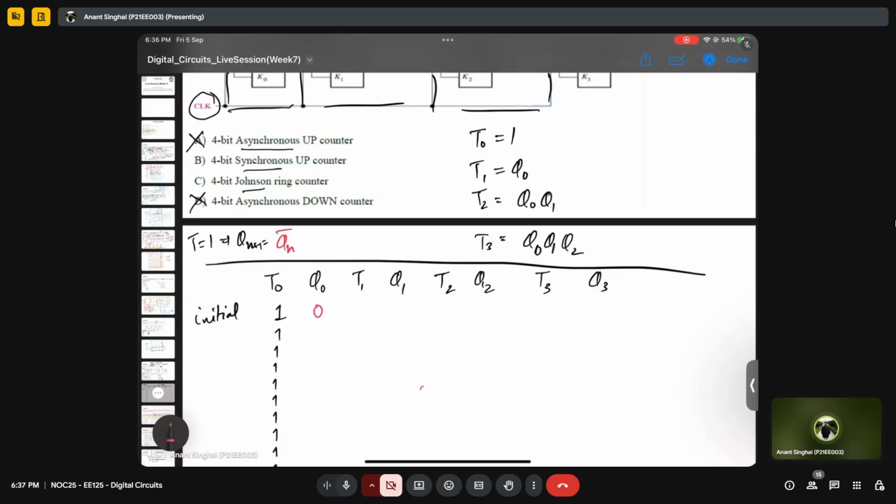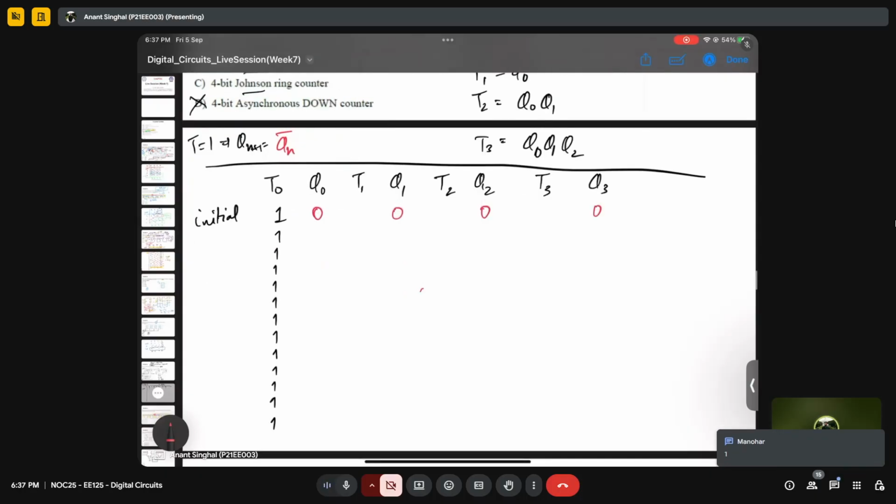So let's say the initial state is 0. Maybe I'll write the initial state 0 for all. So at every clock cycle, what will happen? This will toggle. So this is 0, so this will be 1. Again it will toggle: 0, 1, 0, 1, 0, 1, something like this. Is the Q0 not clear to everyone?